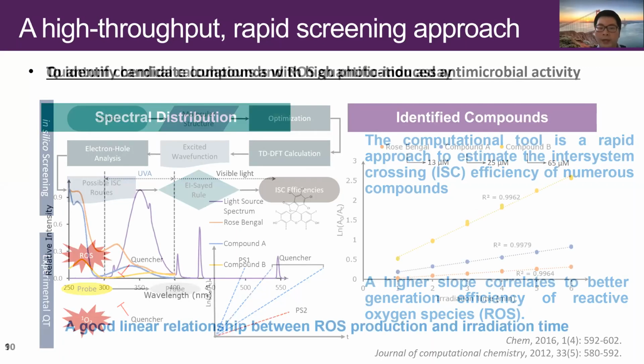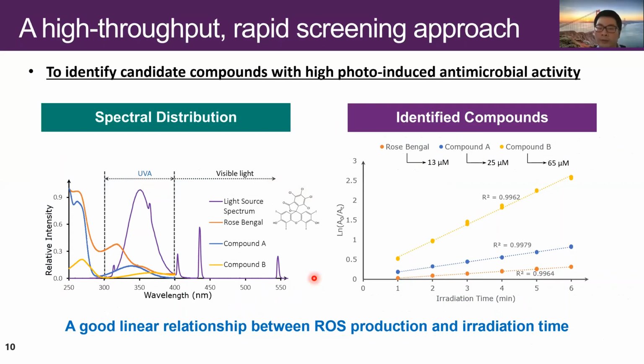So here is one example of our most recent study. We use rose bengal as a reference compound, which is a well-known photosensitizer that can generate a high amount of reactive oxygen species if irradiated by UVA light.